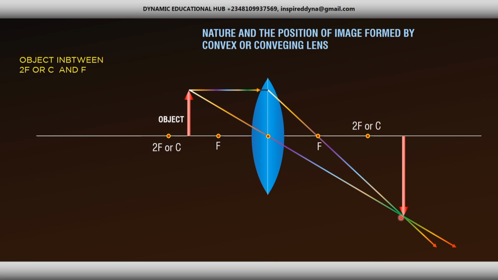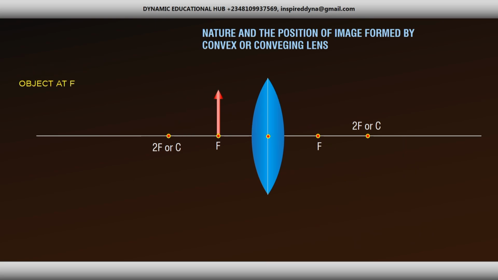The image is enlarged, inverted, real, located beyond 2F or C. So you have the image here inverted, real, magnified or enlarged, located beyond 2F or C.